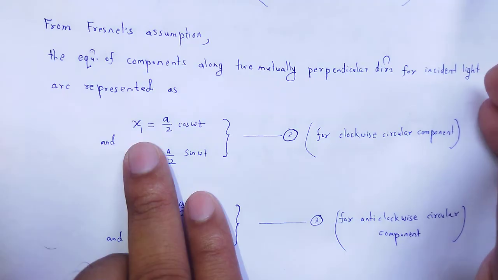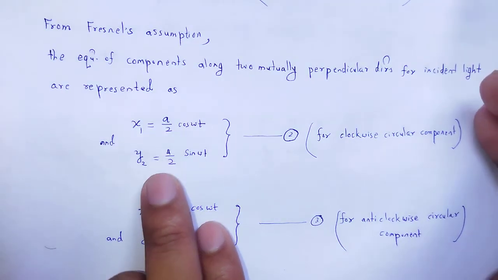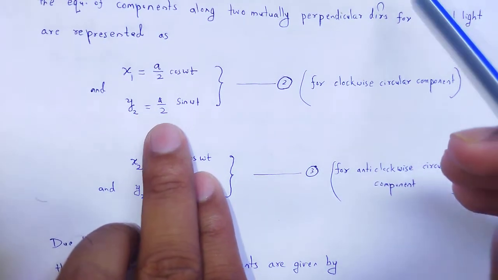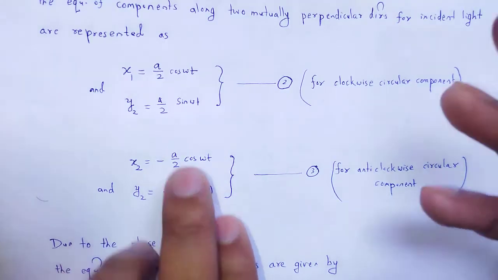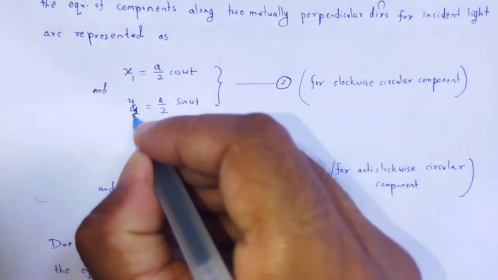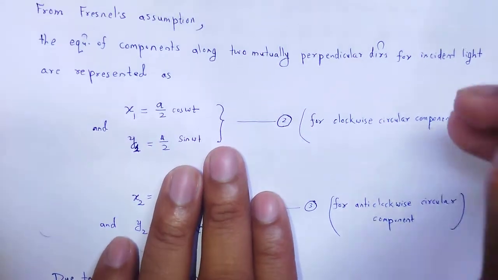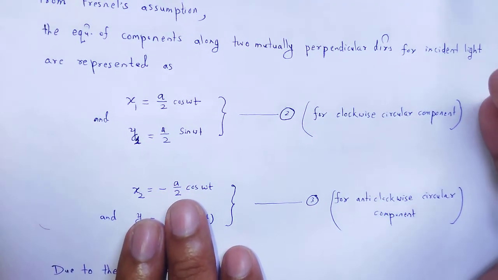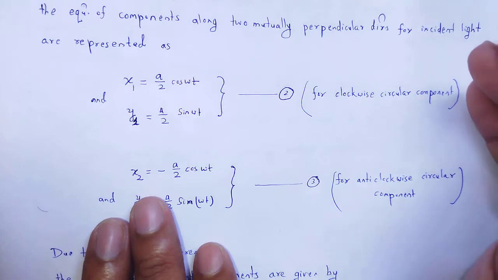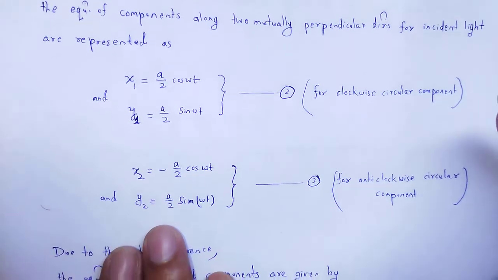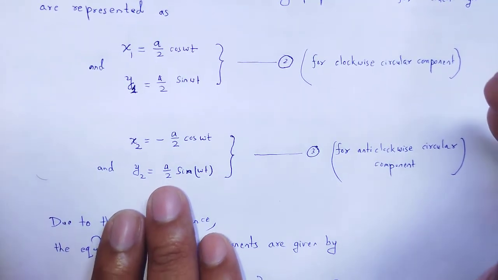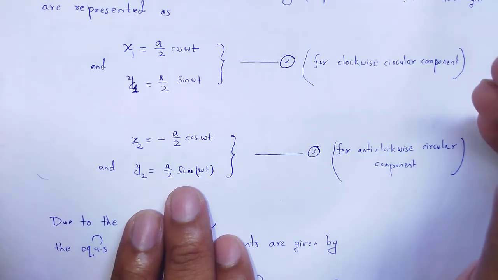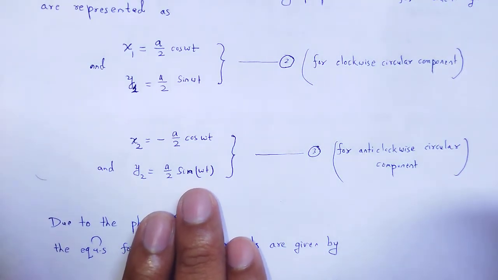So, the x1 component is given as a by 2 cos omega t, and the y1 component is a by 2 sin omega t for the clockwise circular component. Next, for anti-clockwise, x2 is minus a by 2 cos omega t, y2 is a by 2 sin omega t. Okay.